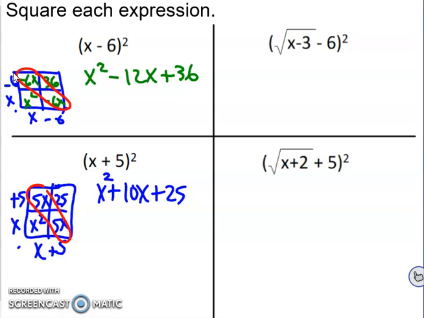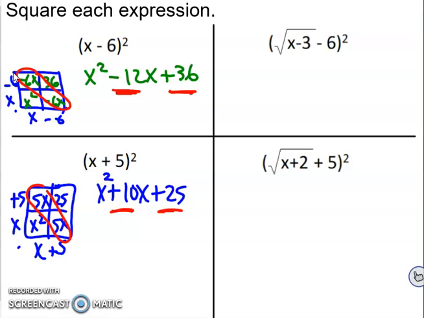The reason I had you do the 2 problems on the left, one of the things I emphasized on Monday, was that when we do the problem on the right with the generic rectangle, you should end up with these 2 numbers, a negative 12 and a 36, and on the bottom one, a 10 and a 25.